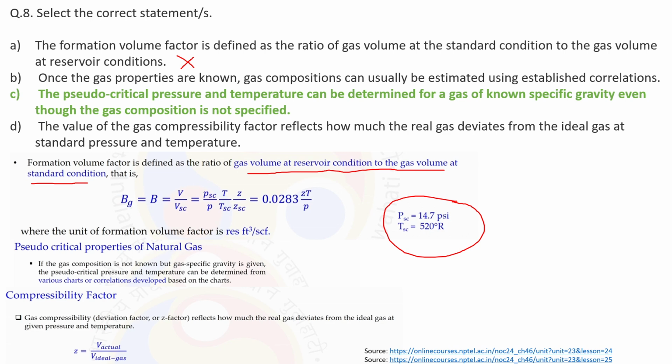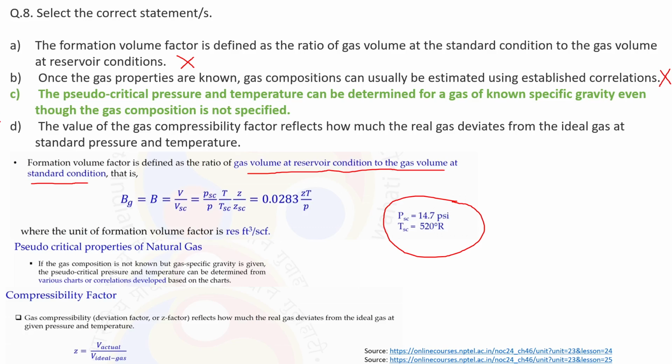Hence, the statement here is the backward of what actually happens. We already know the gas composition, then we can find the gas properties using the correlations. So the second option is also not correct.